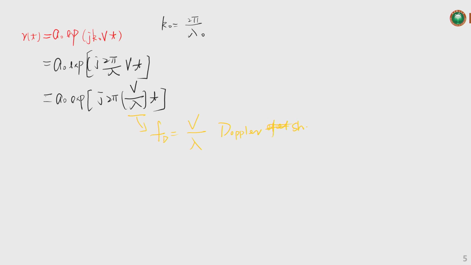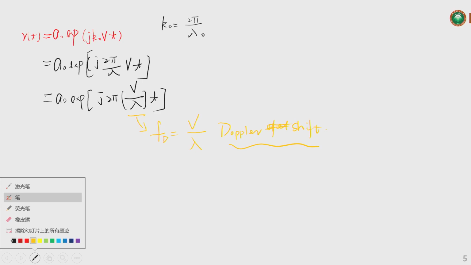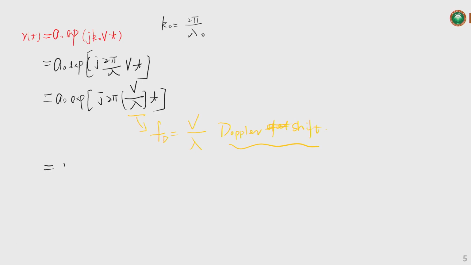So the variation due to the Doppler effect, and if we want to bring the carrier frequency back, it becomes 2 pi fd times capital T.